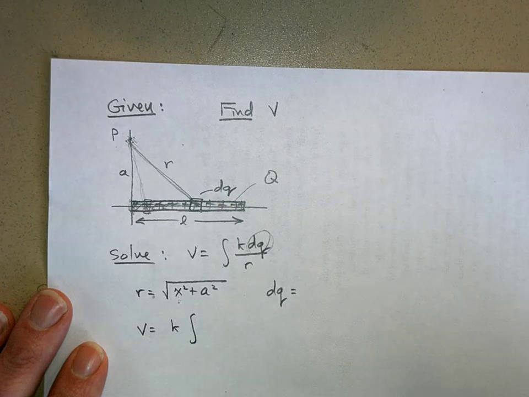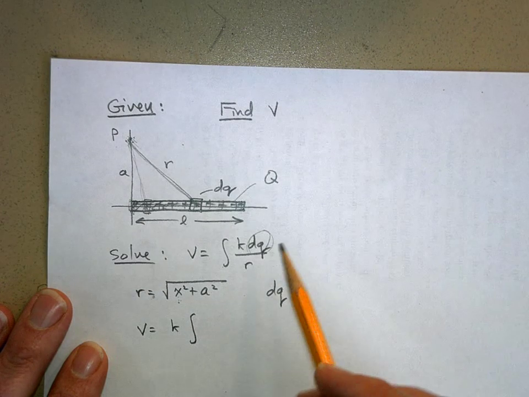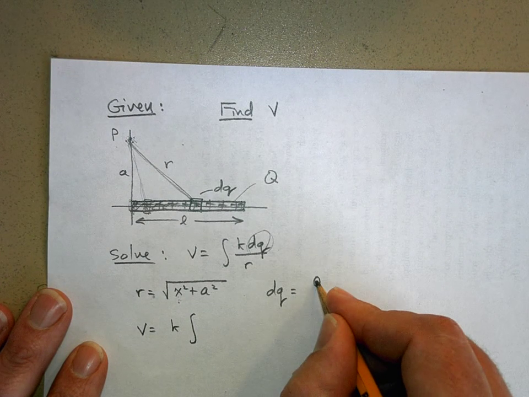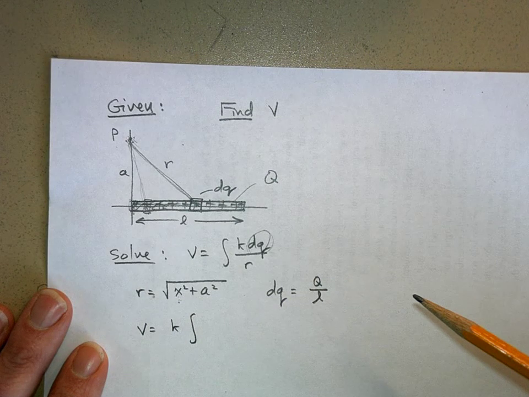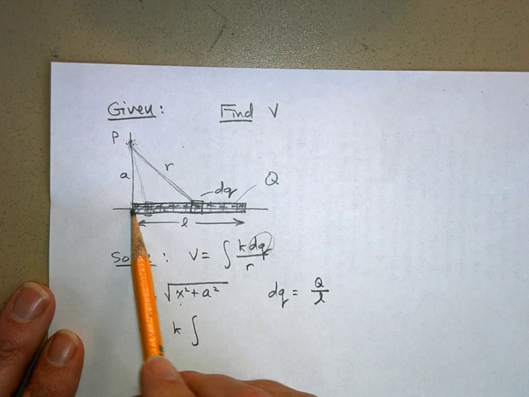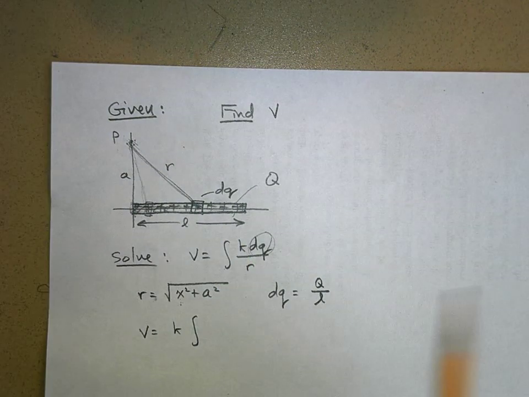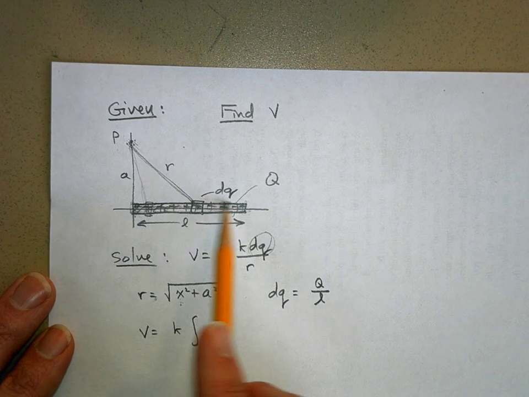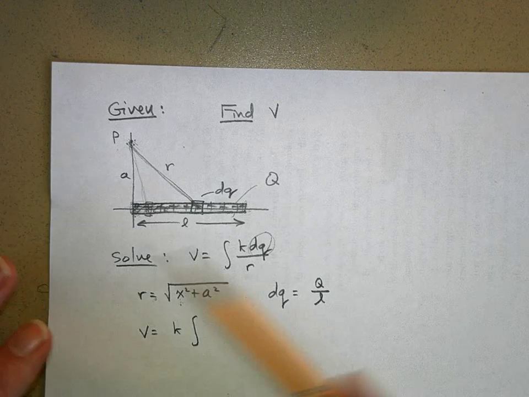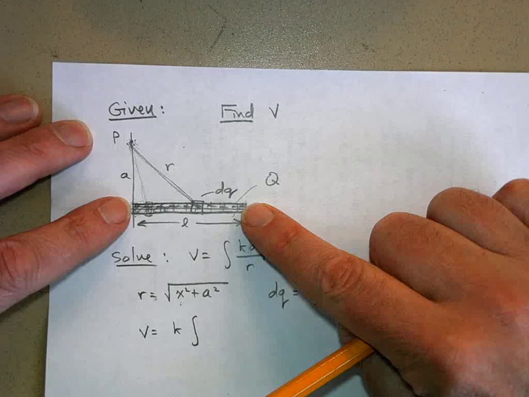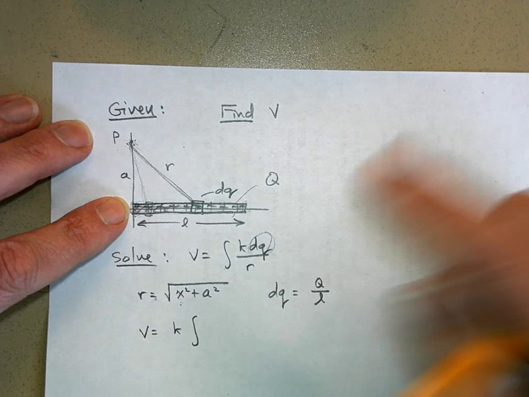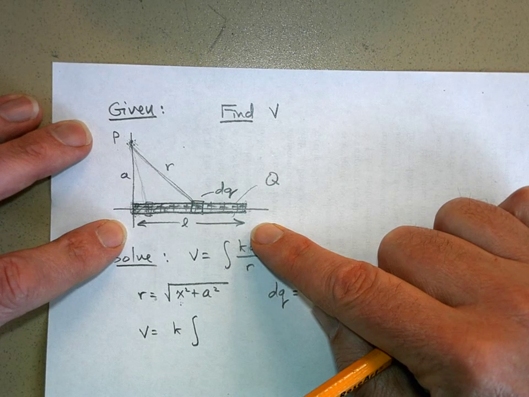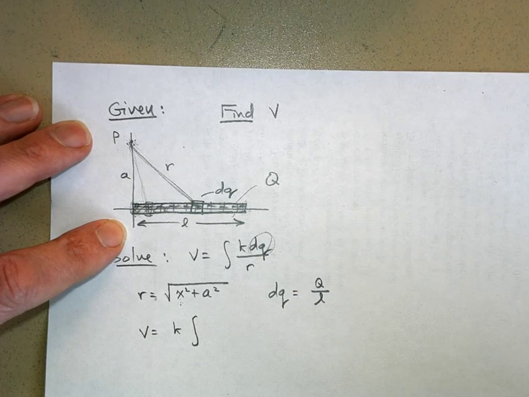Lambda is the linear charge density, but that's just Q over L, right? Everything's going to be uniform at first. There's a uniform charge distribution over this line, and it has a length of L and a total charge of Q. So to get the linear charge density, just take the total charge and divide it by the total length. That's how much charge per unit length you've got.